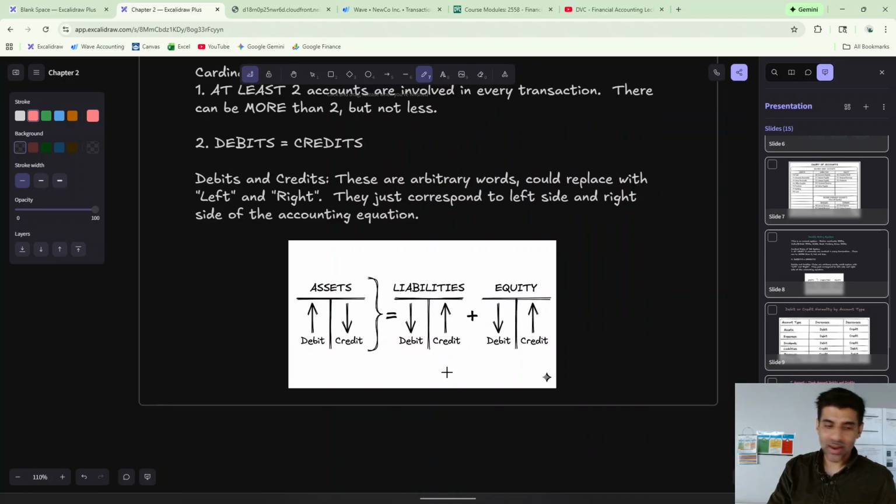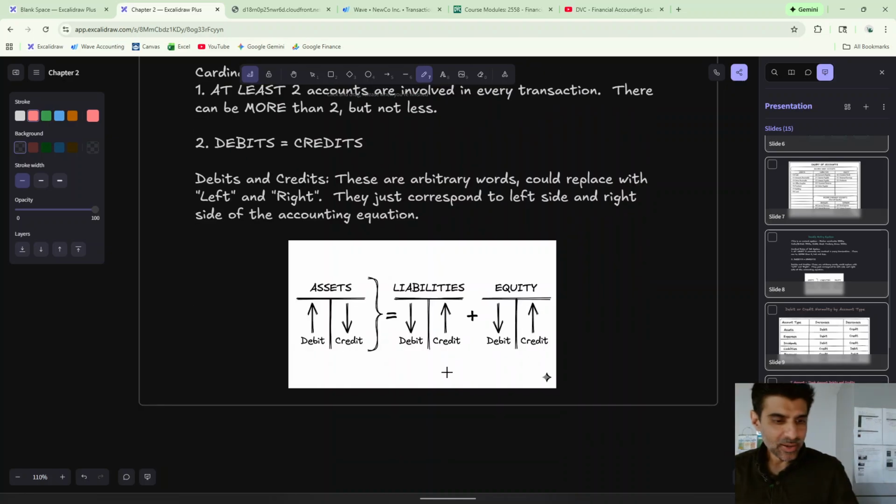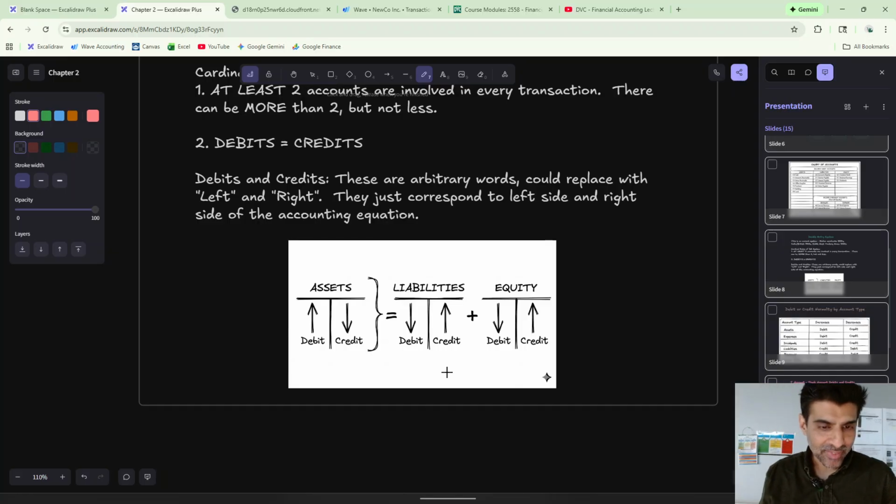We can see in this little diagram that for the assets on the left side, when they increase, that's what this up arrow means, you get a debit. And when an asset decreases, it's a credit. The opposite is the case for liabilities, where if you have a new loan or a new liability, it's going to be a credit.